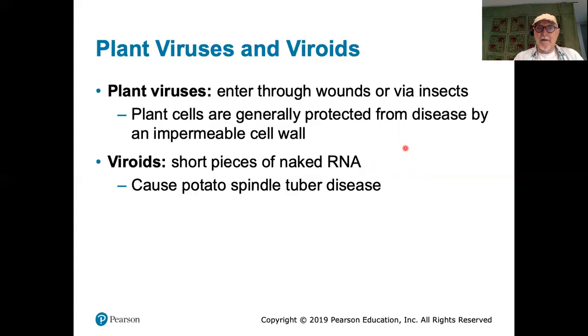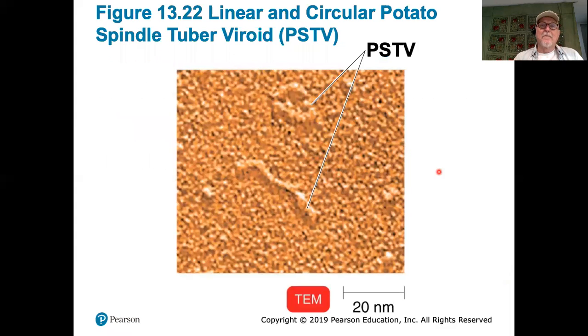Usually the infection is caused by a parallel infection with something like aphids. Just short, naked pieces. All of these things are very peculiar. They will adopt any strategy, it seems, in evolutionary terms to reproduce. Here's a viroid, potato spindle tuber viroid.